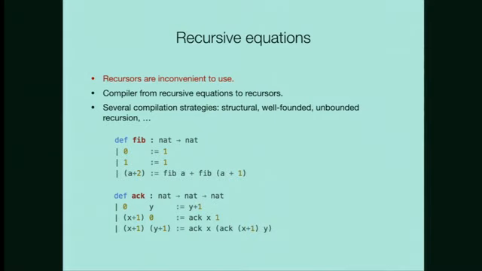We have several different compilation strategies, like structural recursion, well-founded recursion, unbounded recursion. You may say, well, this sounds fishy, but we use unbounded recursion for metaprogramming only. I'll talk more about that later. Here I have two examples. One is by structural recursion, the Fibonacci, and the Ackermann function that's defined by well-founded recursion.